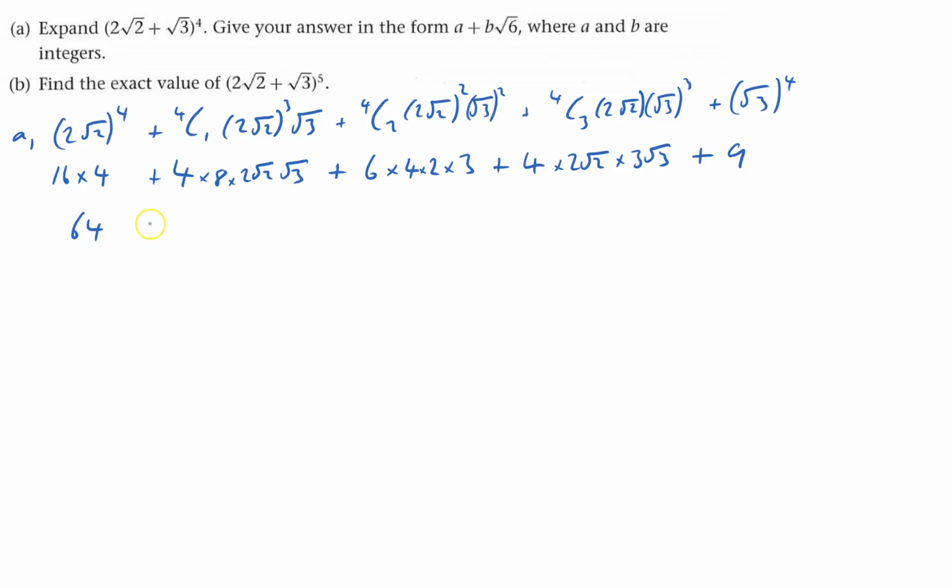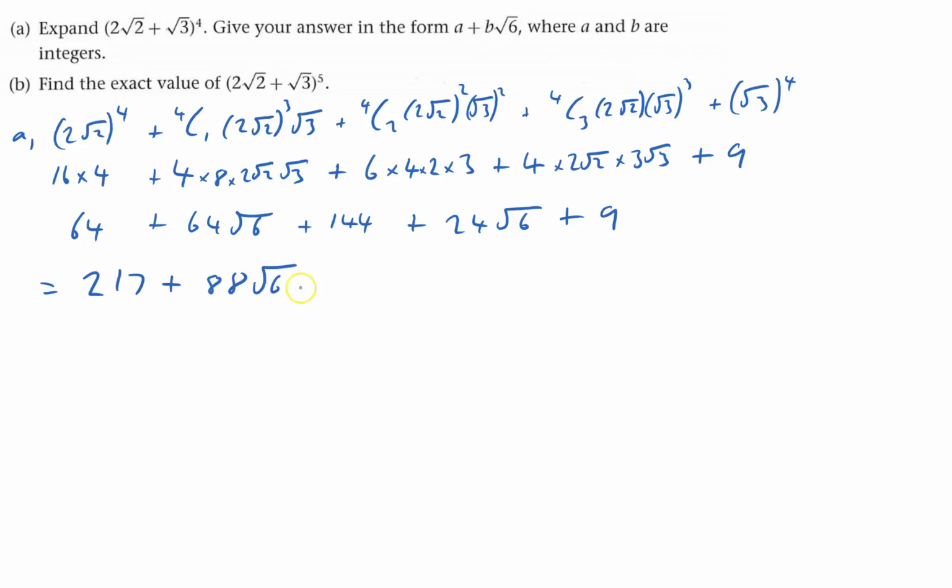That equals 64 plus 64√6, and then plus 12 times 12 is 144, plus that's 8 times, that's 24√6, and finally plus 9. I can simplify this, that equals 217 plus 88√6.